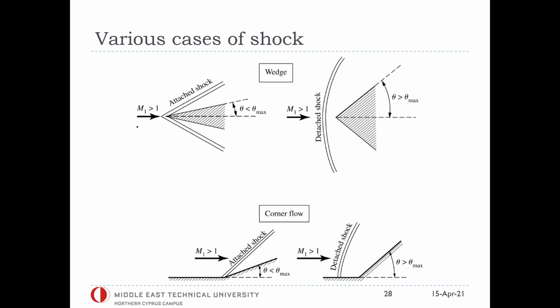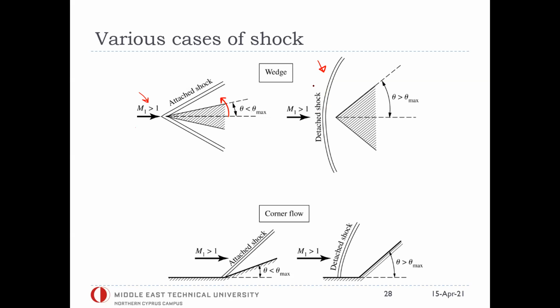For a given supersonic flow M1 greater than 1, and for a given theta smaller than theta max, we have this attached oblique shock wave. And if you keep increasing this theta, you would reach a point that is not going to satisfy the theta-beta-M relation, and you would reach this condition, detached shock wave.